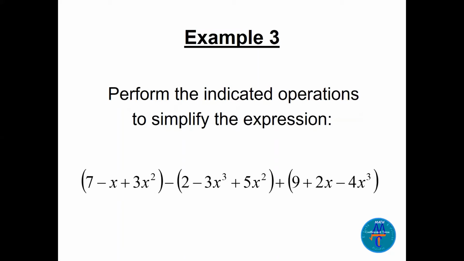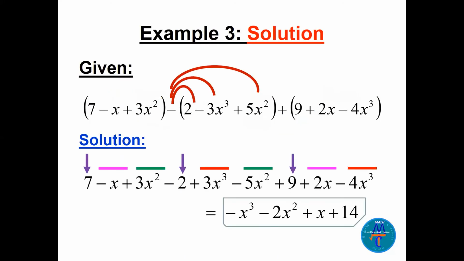Can you try it, please? And then I think by this time you have finished. You can pause the video a little, try it, subtract and add, and check the final answer in the next slide. Let's see. The final answer you should get is minus x cubed minus 2x squared plus x plus 14.